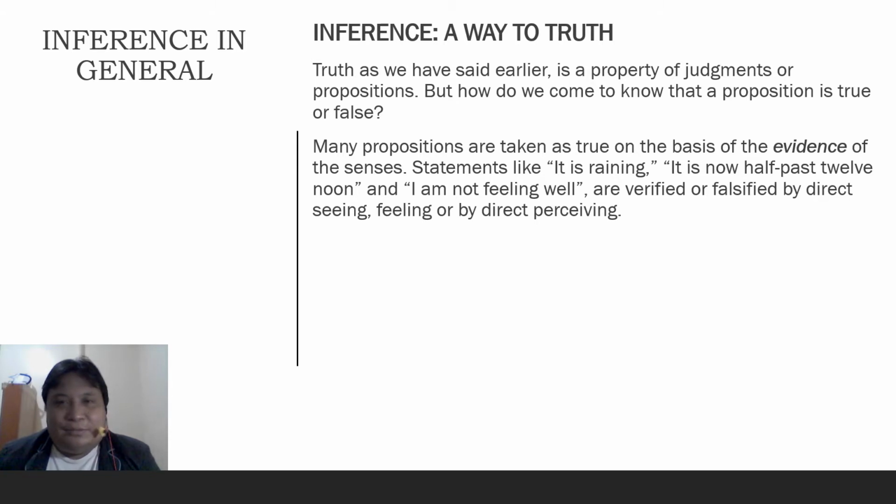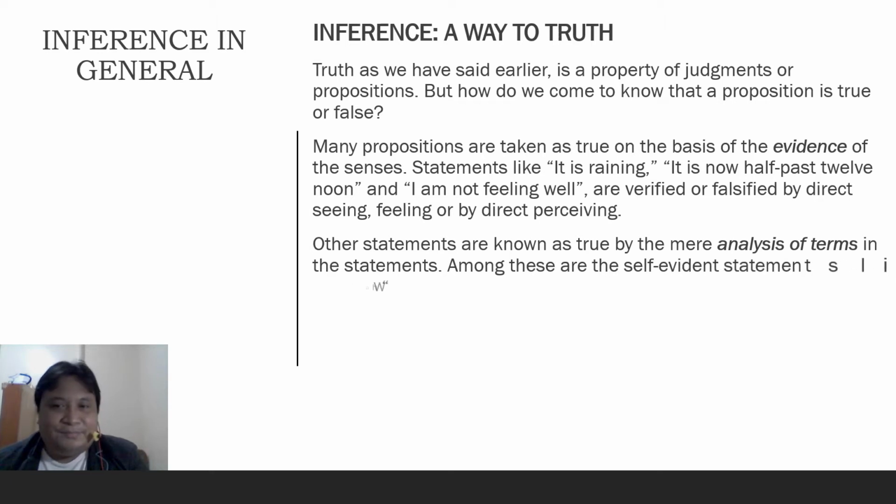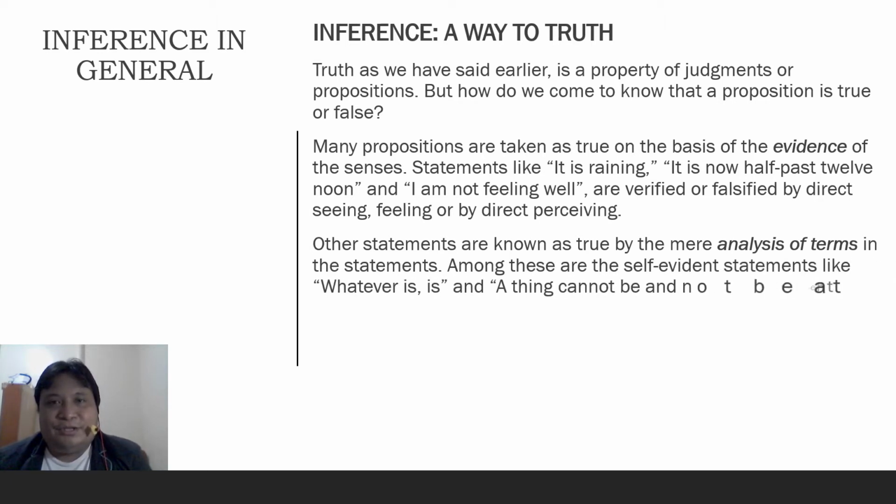Now, the second way of determining the truth of other statements is by mere analysis of the terms, using your common sense. Just like the principle of identity, self-evident statements: whatever is, is; what is not is not; a thing cannot be and not be at the same time.